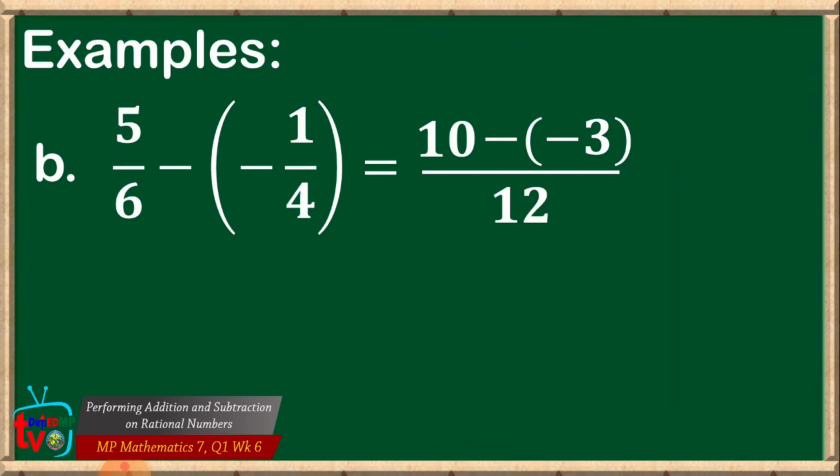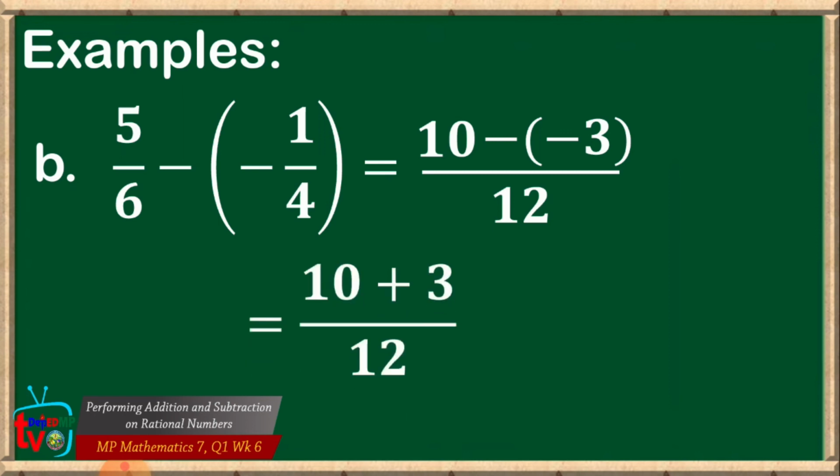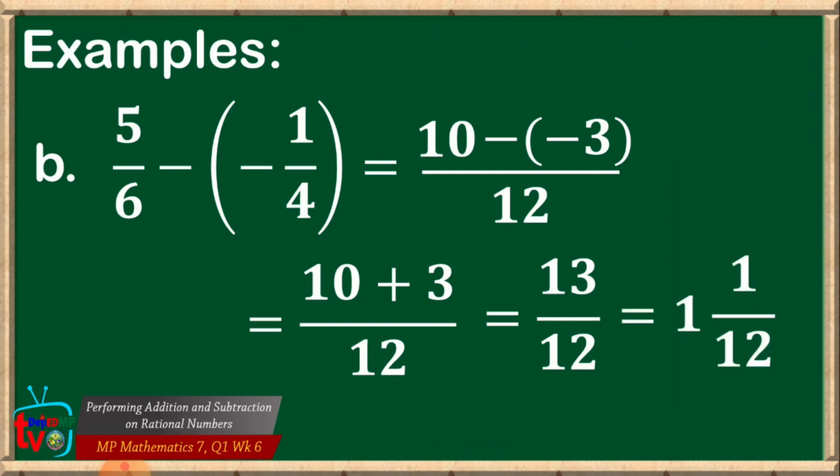We will add the numerator of the minuend and the opposite of the subtrahend over the denominator. Then, add 10 and 3 equals 13 over 12. Simplify this improper fraction to mixed number. Our answer will be 1 and 1 over 12.